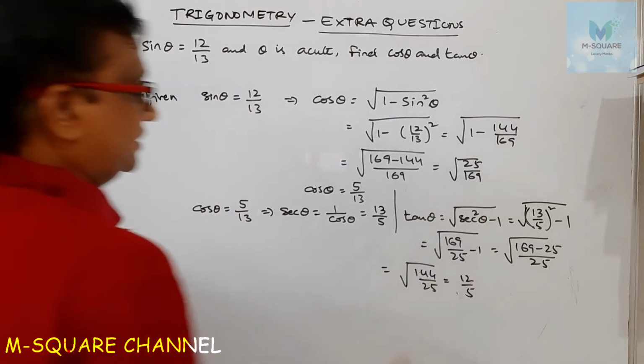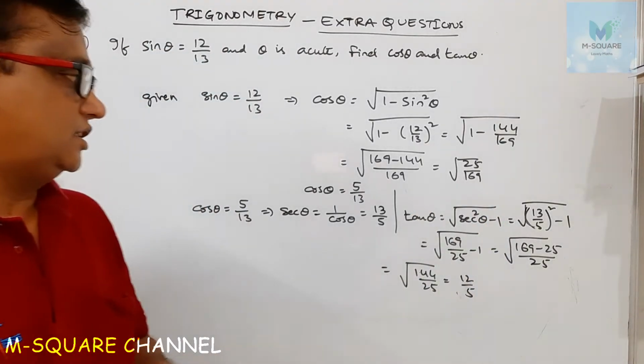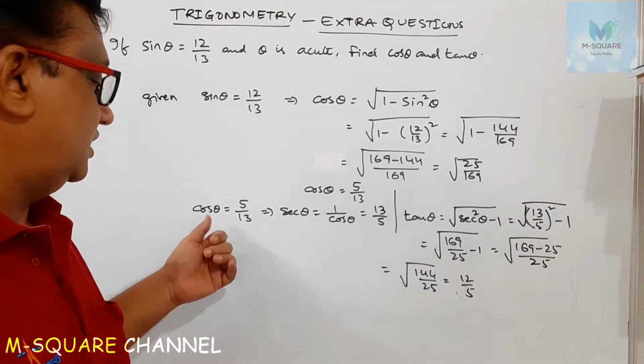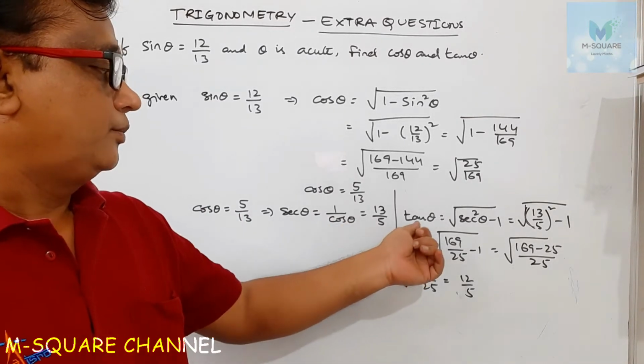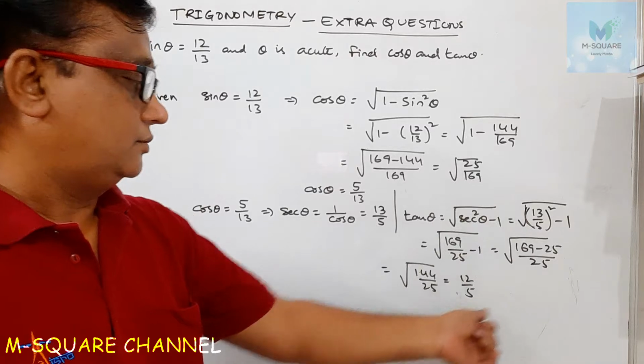It is nothing but tan theta. So you can do it like this: take the help of cos theta, convert it into secant theta, then go to tan theta equals this one.